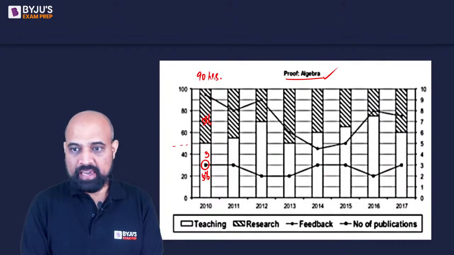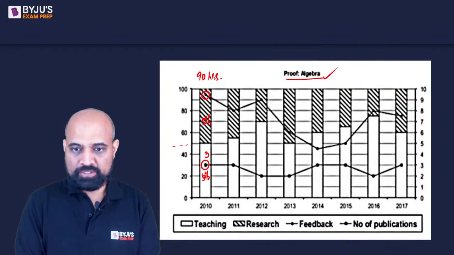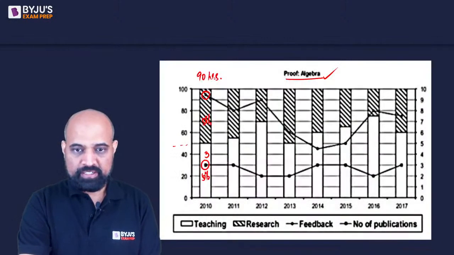And he has published, the number of publications is this one, right? Both of them said right hand side. Number of publications is also related to the right hand side.